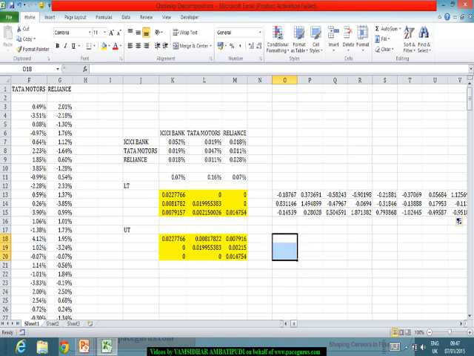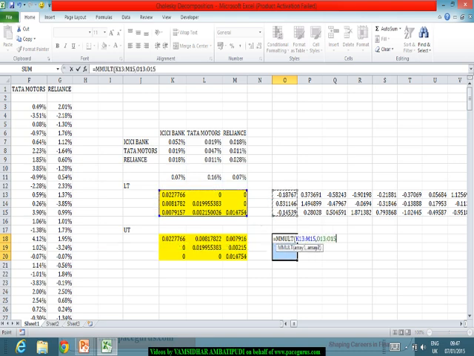A 3 by 3 times a 3 by 1 gives me a 3 by 1 matrix. So I'll directly take this, comma this, and do a Control Shift Enter.